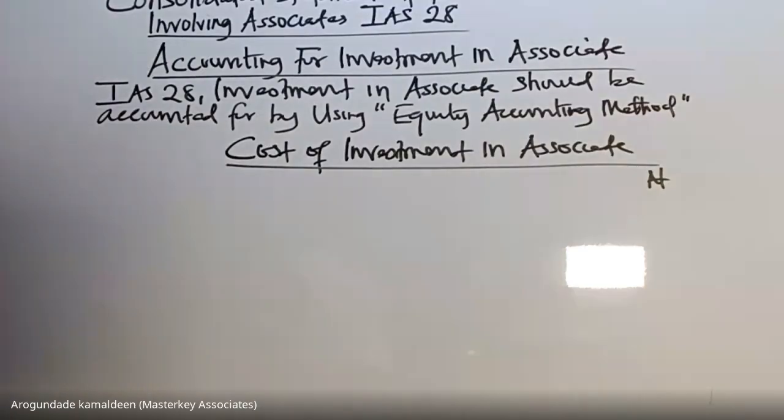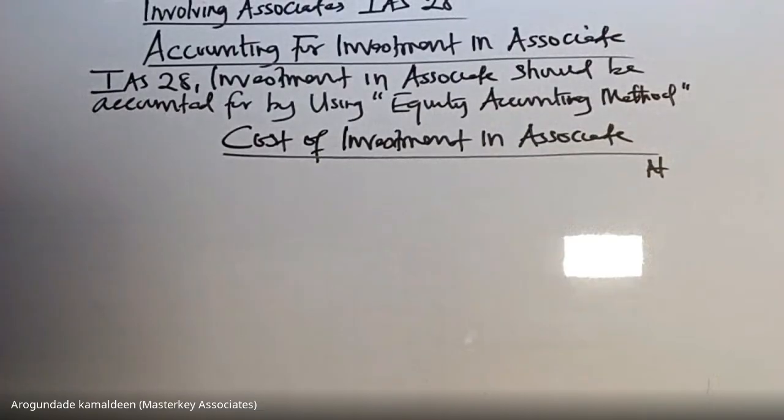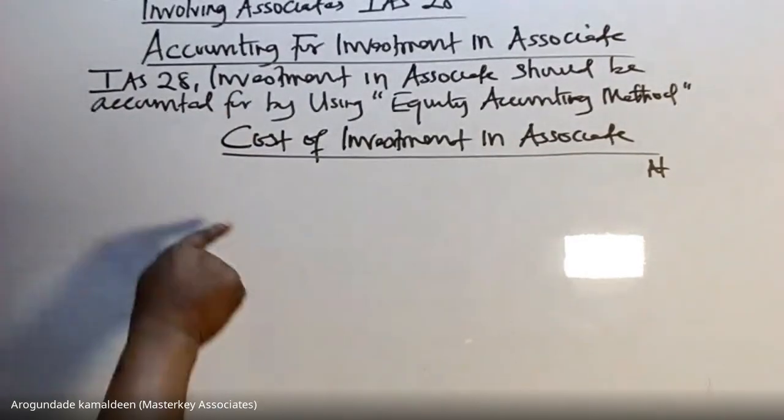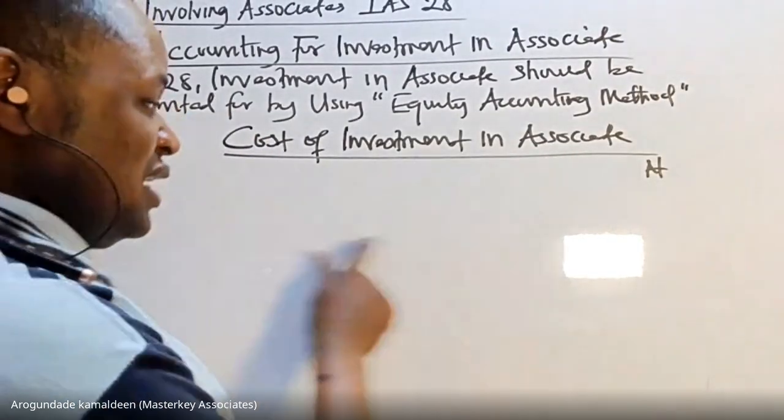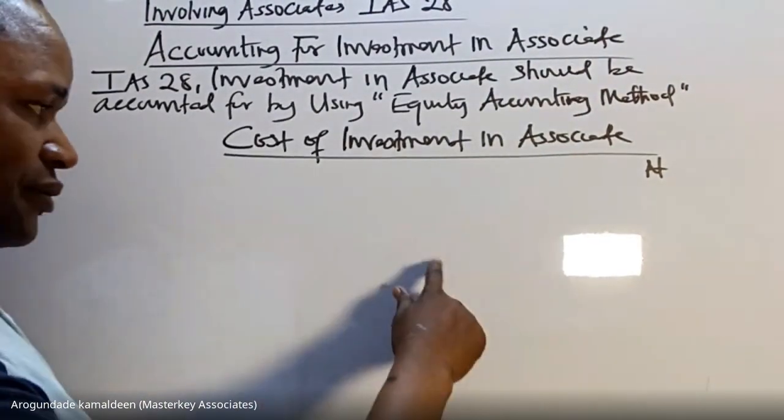We are going to apply the equity accounting method, because in the statement of financial position, what you are going to show is just a single line item under the non-current asset.